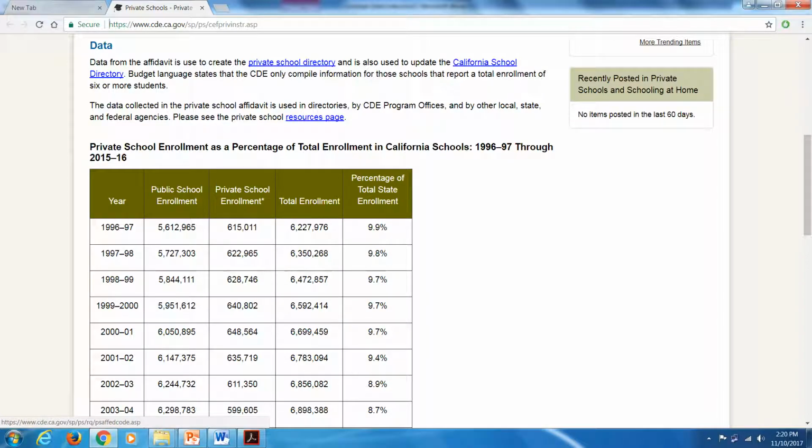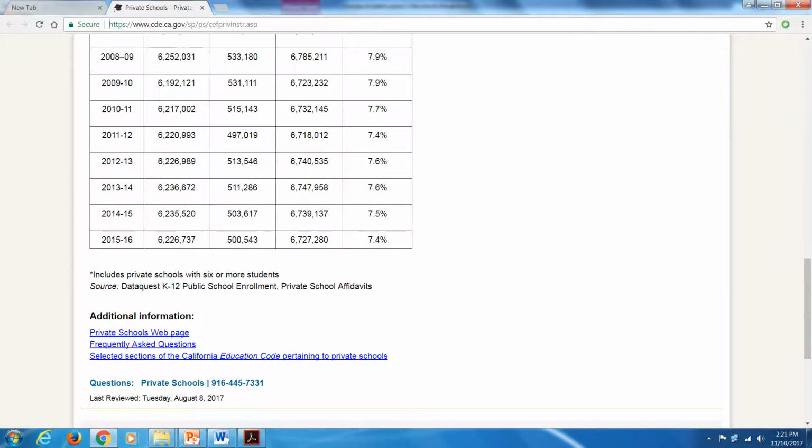And then this slide shows the comparison of public to private schools. It says that approximately 10% of the students in California are enrolled in private schools. The previous numbers we showed you were totals for private and public, but you can read more on the website.